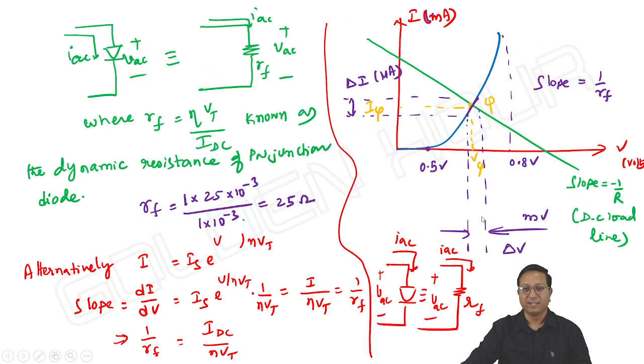Conditional only, not for all. Right? This VAC range is like 0.375 millivolt, and IAC, delta I, as I said, is in the range of microamperes. This is the idea. So if I take IAC, it is something like this, and if I take VAC, it is something like this.